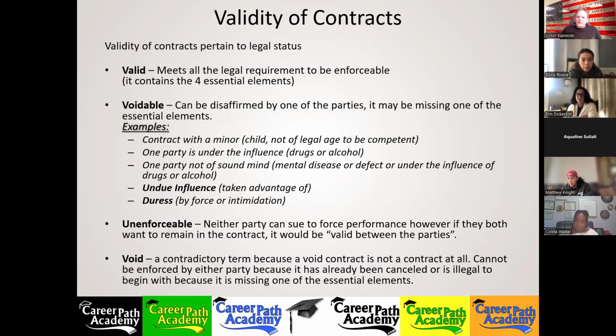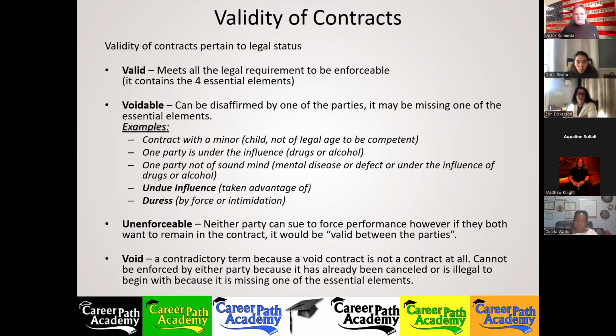Or by undue influence, that means that they've been taken advantage of, or by duress, force. They've been forced or intimidated to sign. It's not a good idea to go to hospitals and have people signing contracts when they think they're on their deathbed, or because they feel very ill and feel like they're on their deathbed, okay? It's not a good idea for you to go having them signing contracts like that.